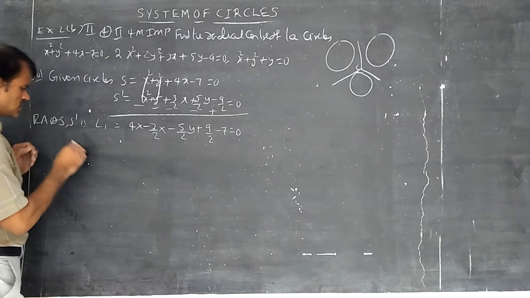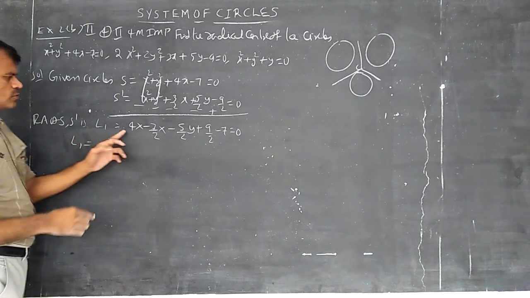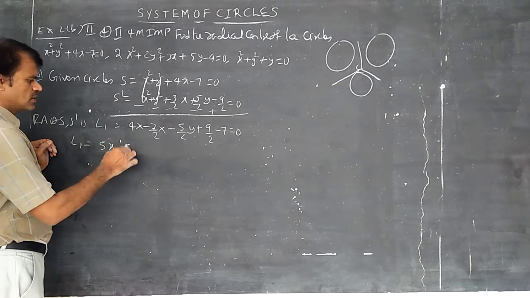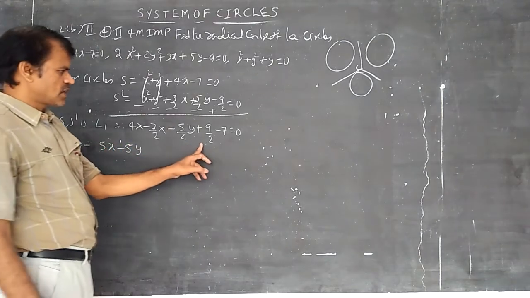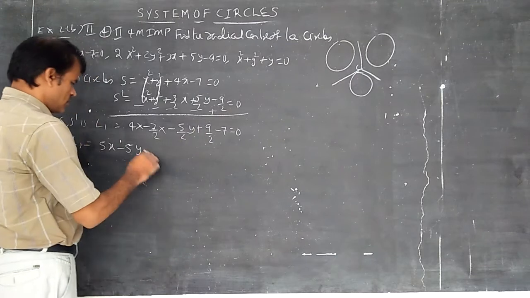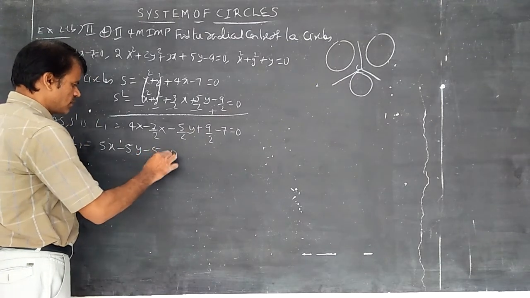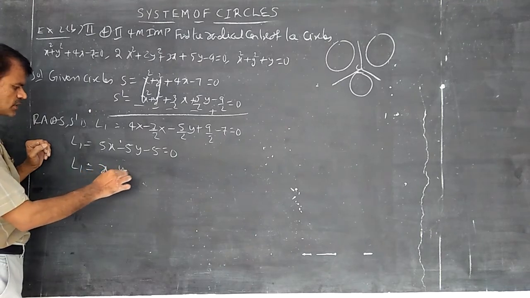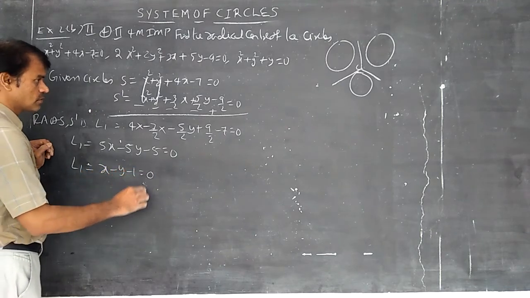By taking LCM, we get 8x minus 3x, this is 5x, and this is 5y, plus 9 minus 14, it becomes minus 5 equal to 0. So L1: dividing by 5, we get x minus y minus 1 equal to 0.